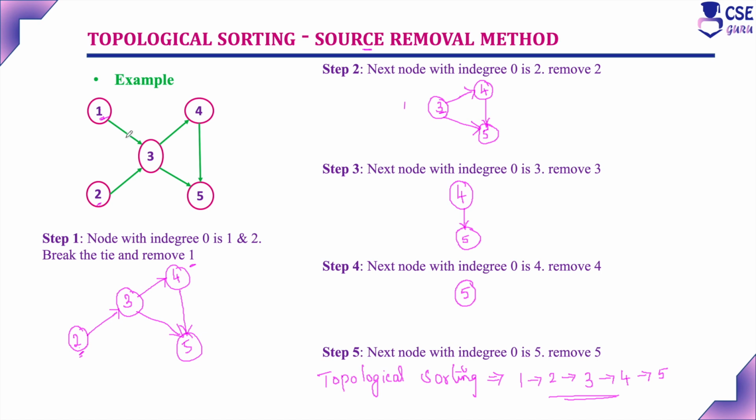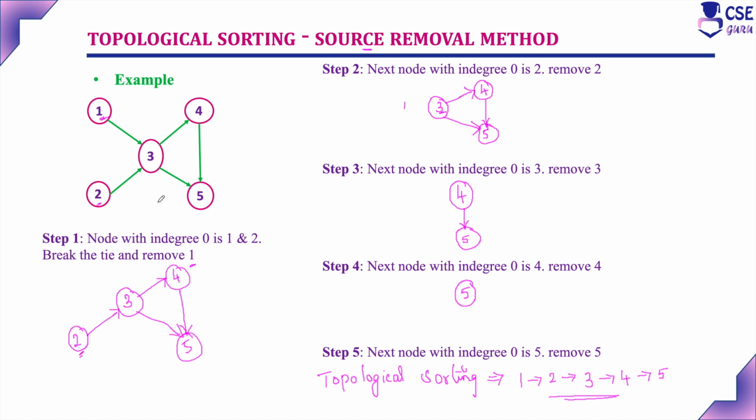If the graph does not form a cycle, this is possible. If it forms a cycle, you cannot sort it out. So at every step, identify the vertex with in-degree 0 and remove it along with its outgoing edge.